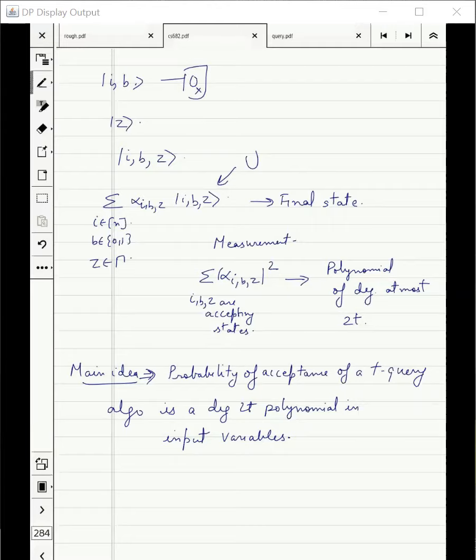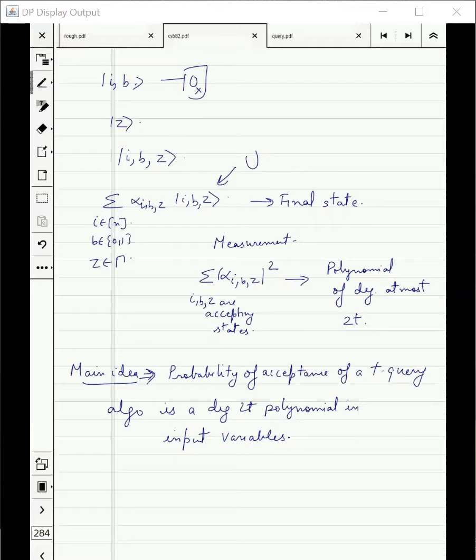Knowing this PA of X, given the bounded error setting, I know that if f of x is equal to 1, then PA of X is more than 2/3, it's required. If f of x is equal to 0, then PA of X is less than 1/3, and clearly probability has to be between 0 and 1.